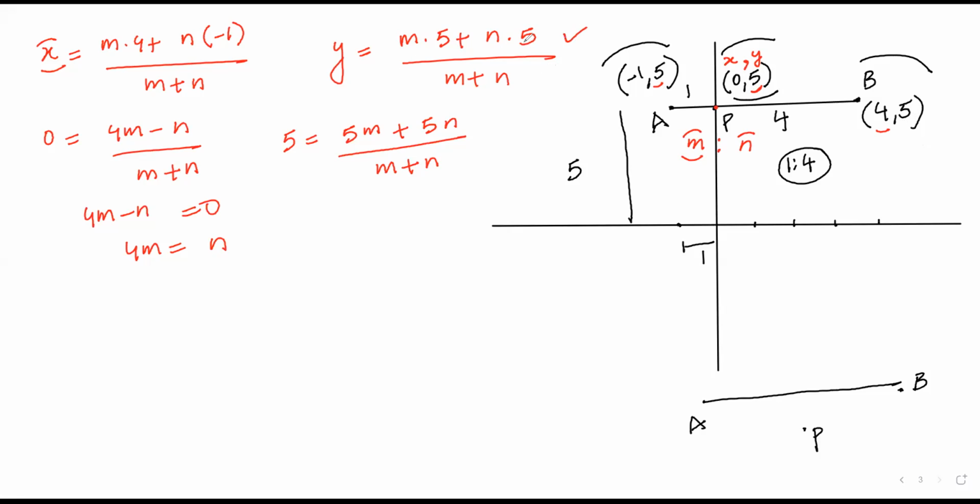Just see, students, any mistake we are doing? y is equal to 5m plus 5n, because both are 5, divided by m plus n. So 5 is equal to 5m plus 5n divided by m plus n. Here we are not able to find the ratio, because 5m plus 5n is equal to 5m plus 5n.